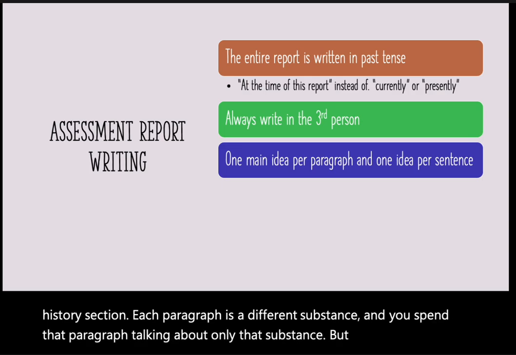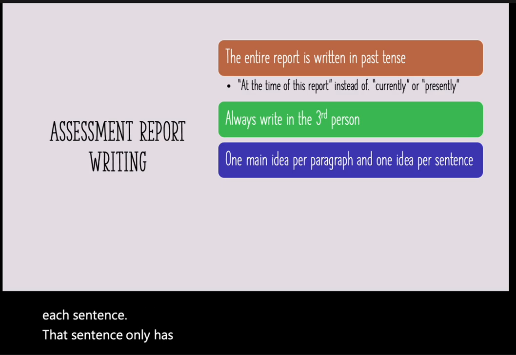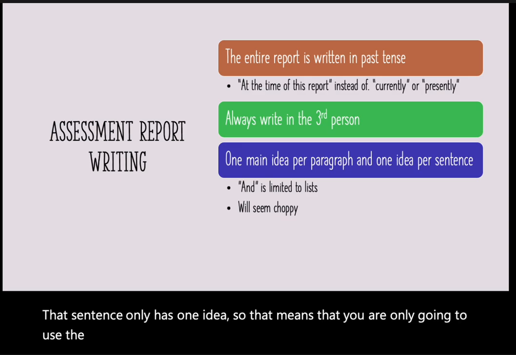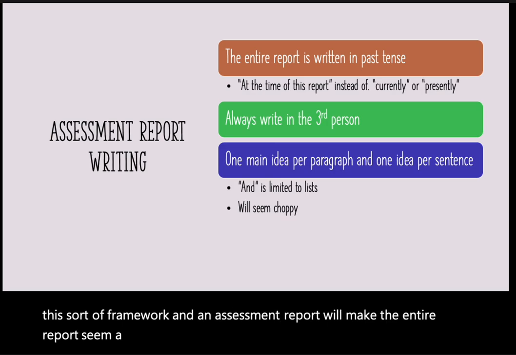But even within each paragraph, each sentence only has one idea. That means you are only going to use the word "and" when you are delineating a list of items, and overall, this framework in an assessment report will make the entire report seem a little bit choppy when you're writing.